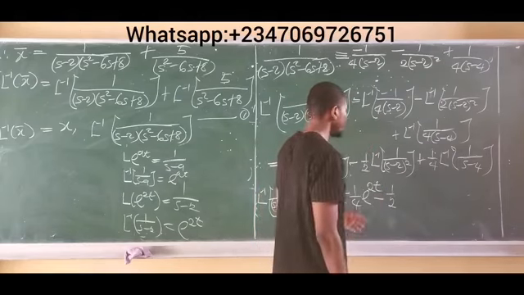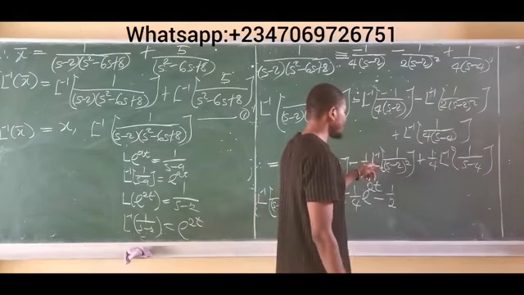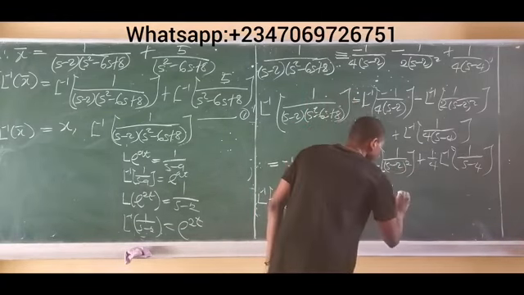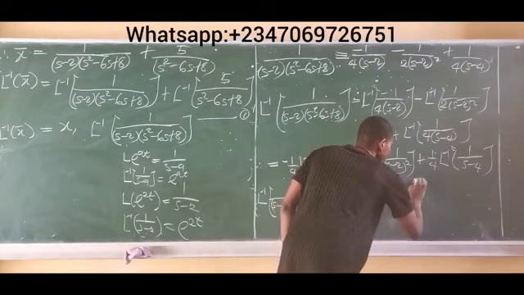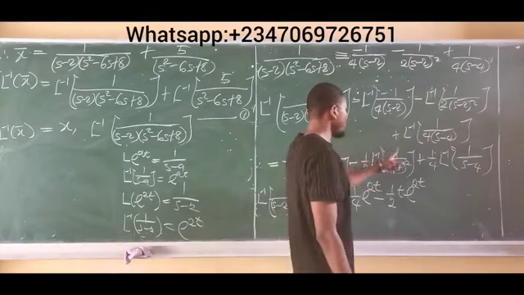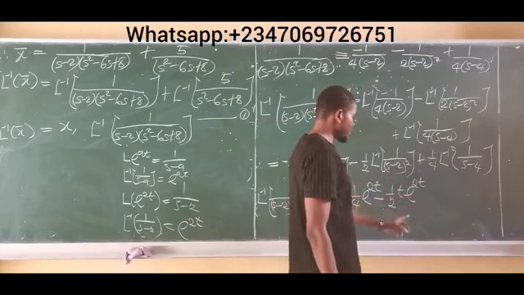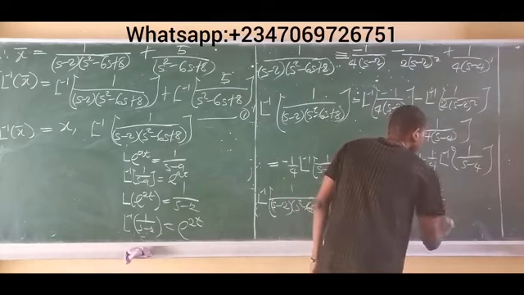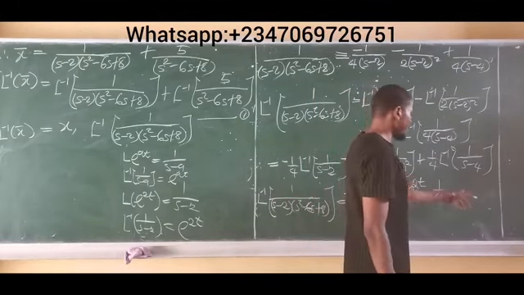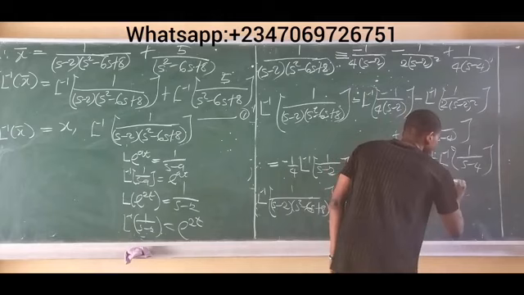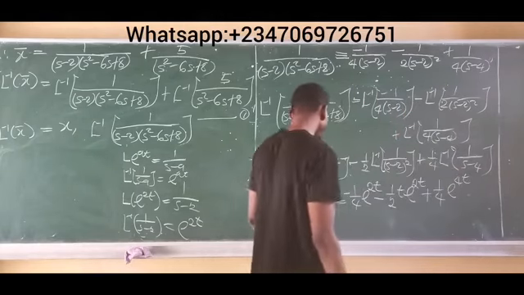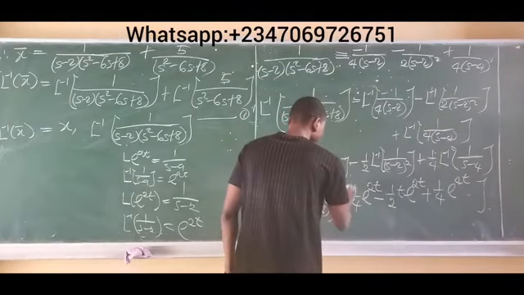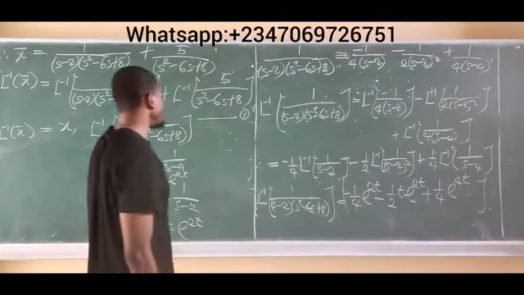Now, mind you, from the table of standard values, we've already explained that the Laplace inverse of 1 over (x minus 2), when it is carrying a square, automatically becomes t exponential 2t. So the Laplace inverse of 1 over (x minus 2) all squared is simply t exponential 2t. Plus 1 all over 4. Laplace inverse of 1 over (x minus 4) gives us exponential 4t. So the Laplace inverse of this function is simply equal to this.